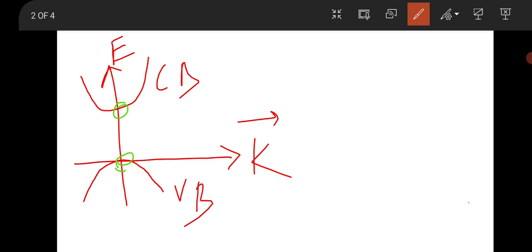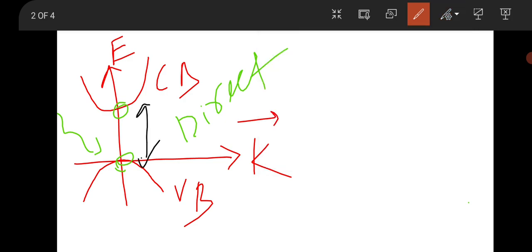If the maxima of the valency band coincides with the minima of the conduction band, then such material is known as direct band gap material. Whenever photons having energy equal to the band gap Eg of the semiconducting material, or energy h mu greater than the band gap, fall on the valency band, there is an electronic transition from the maximum of the valency band to the minimum of the conduction band.